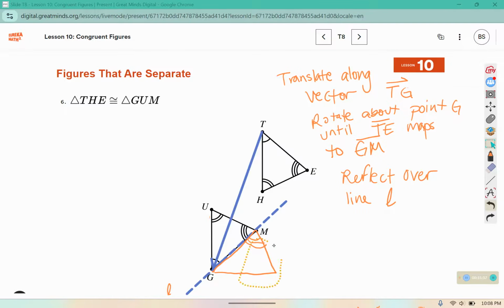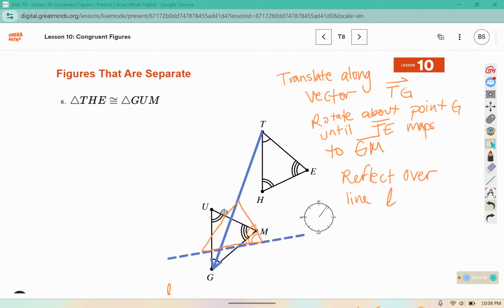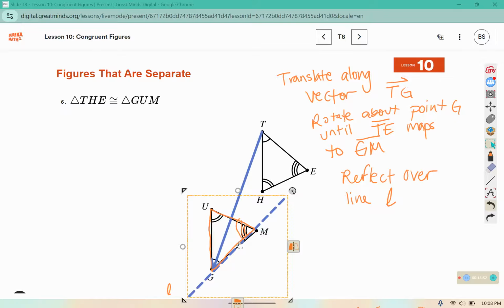So that's going to take this figure here and it's going to flip it over this line to match it up.